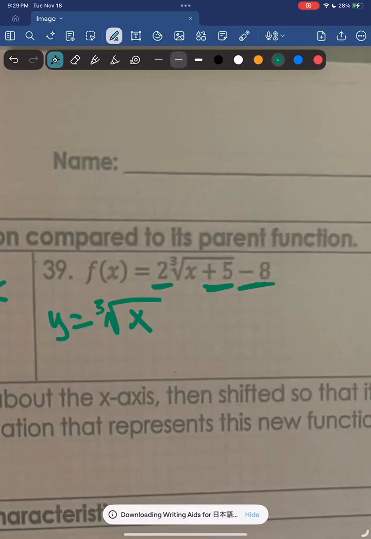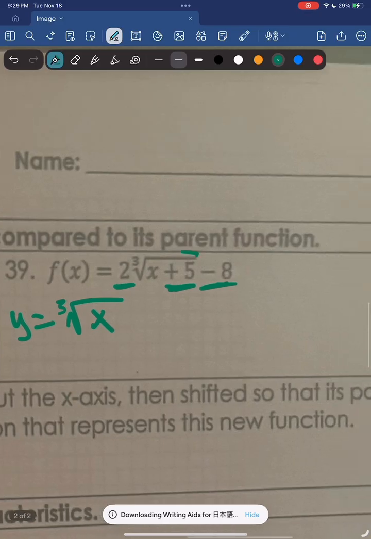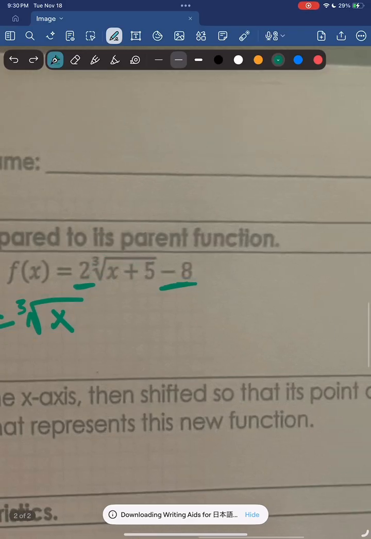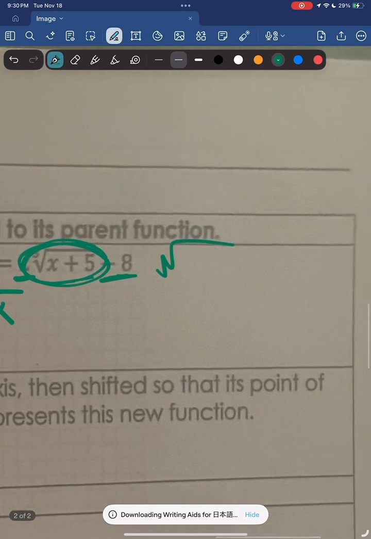So in this one, we can see that there is something inside the root sign, and that's where your horizontal transformations occur, right? So horizontal is under the root sign, and vertical are outside the root sign.